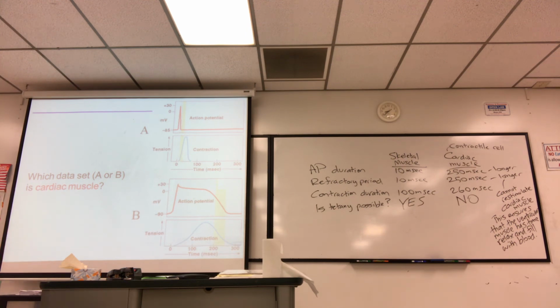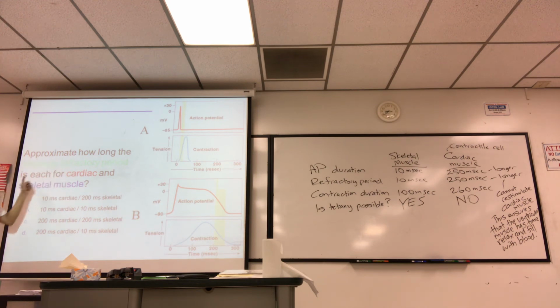This one we might have to look at a little longer. The numbers are a little different. It's hard to read there. Approximate how long the absolute refractory period is for each of the cardiac and skeletal muscle. So based on these basic numbers, 10 and 200, which do you think is correct?